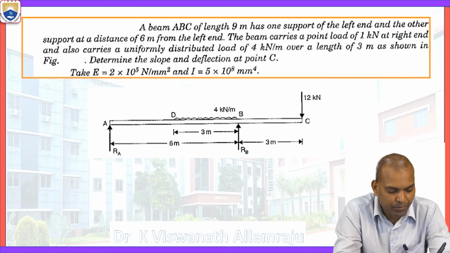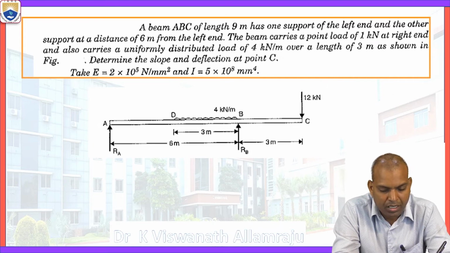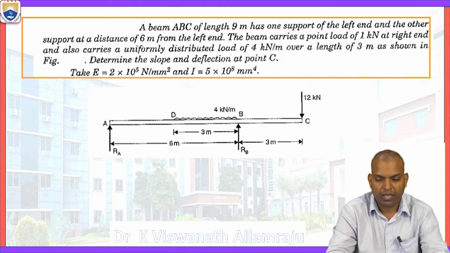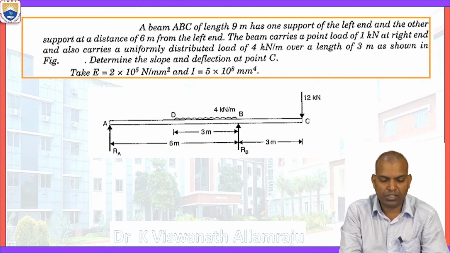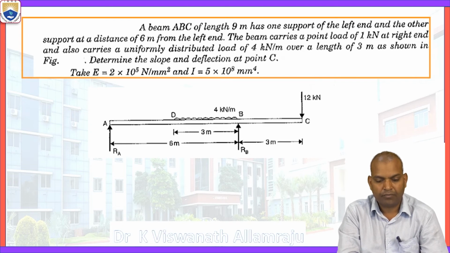Now let me read the problem here. A beam ABC of length 9 meters has one support at the left end and the other support at a distance of 6 meters from the left end.